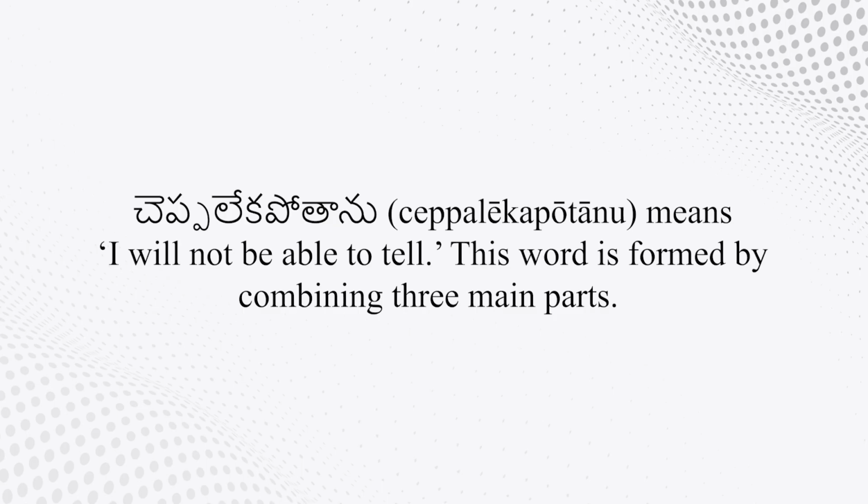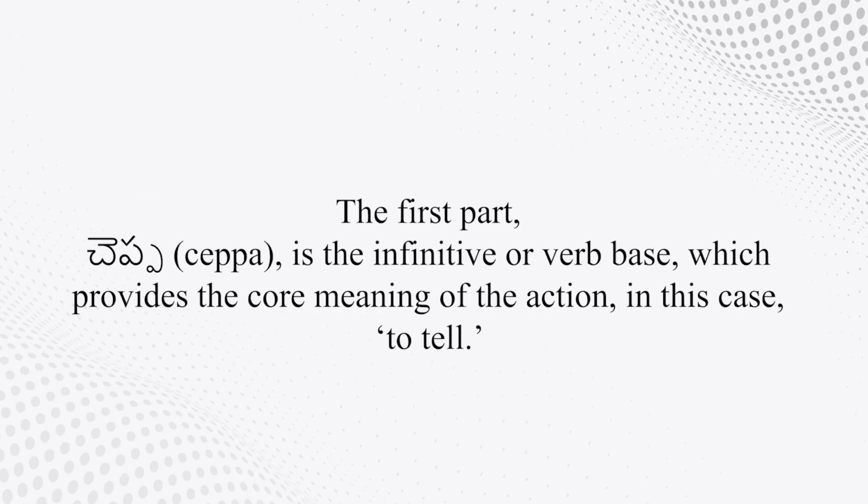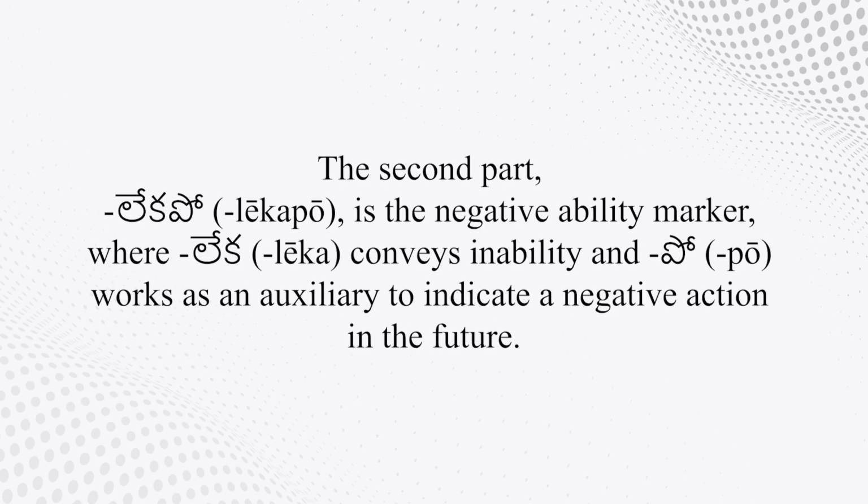This word is formed by combining three main parts. The first part cheppa is the infinitive or verb base which provides the core meaning of the action, in this case to tell. The second part lekapo is the negative ability marker where leka conveys inability and po works as an auxiliary to indicate a negative action in the future.